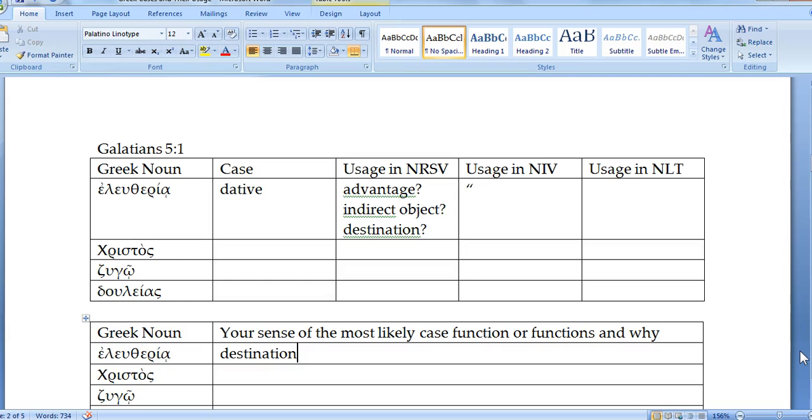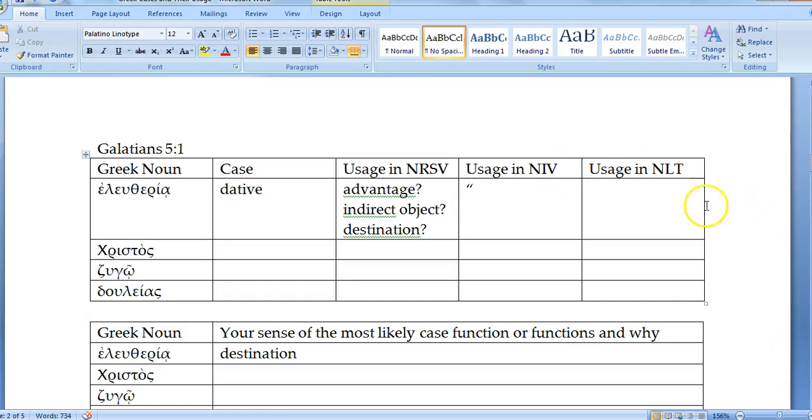And if we were to go in that direction, which has some merit to it, we might render it in a committed fashion as Christ set us free in order that we might live in freedom. Again, just making explicit and unambiguous the case function of the dative that we think is being represented here.